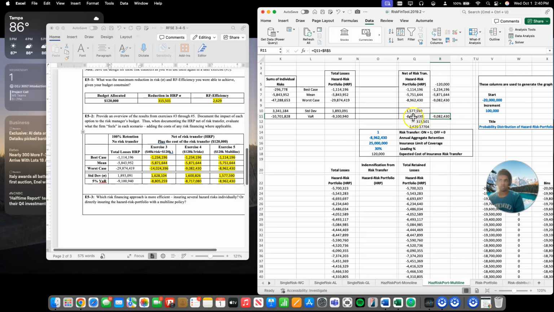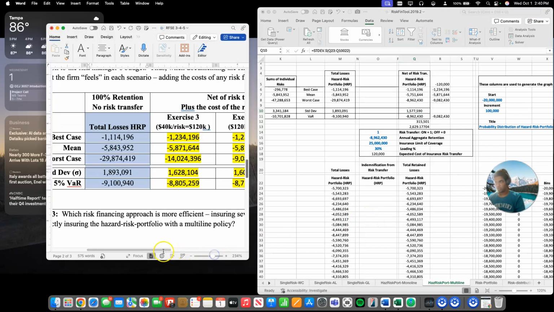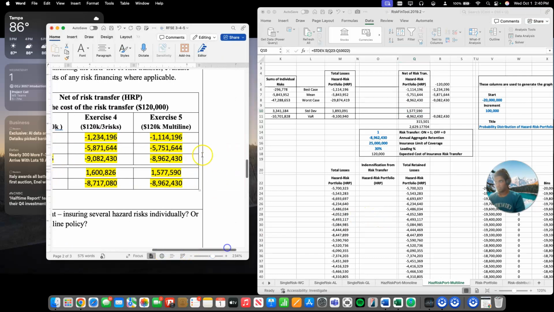I added 120,000 to this number and I got 9.082 million. So now that you have these 4 numbers plus this standard deviation, you can look here on the right that I have 1.114 million. That this number matches that number.